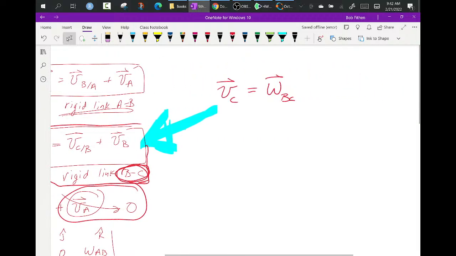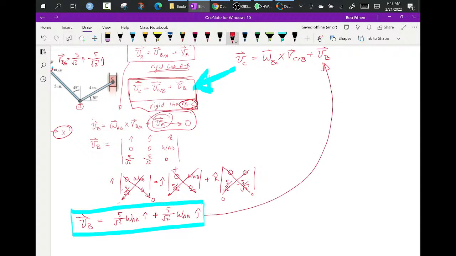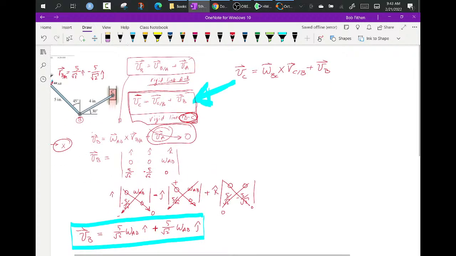So now I'm over here, across R, C to B, plus velocity B. This time, believe it or not, I do know that one. So instead of inserting it right off, I'm going to avoid inserting it until I work some stuff down, and then I'll insert it down in here. So what I'll do is carry it as a variable.